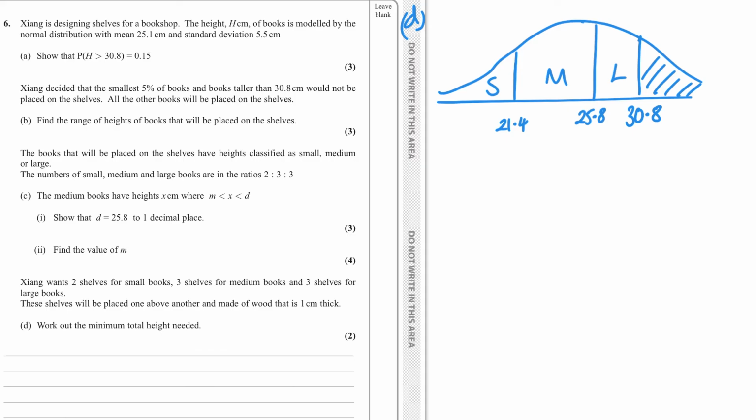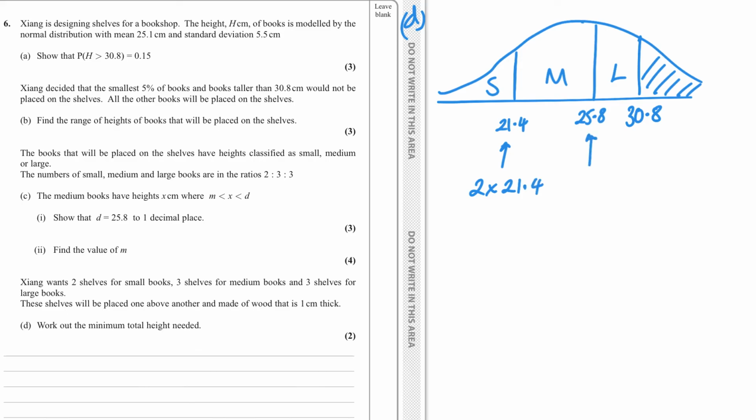So we can see that he wants 2 shelves for small books, 3 for medium and 3 for large. So the largest small book is this one. So assume that there would be one of these on each of the 2 shelves. We got 2 lots of 21.4.